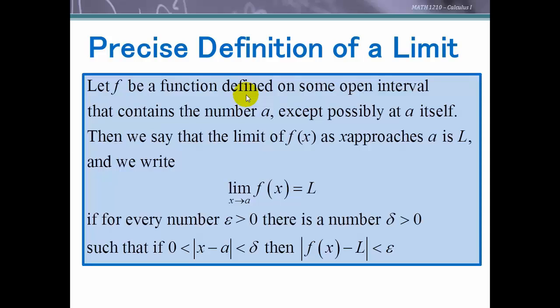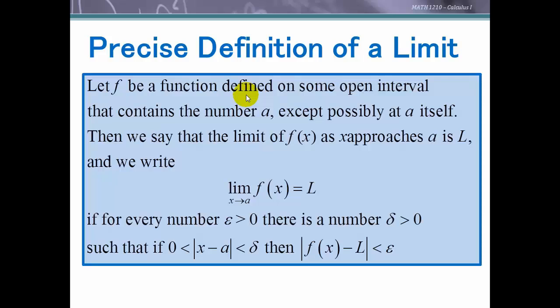Then we say that the limit of f of x as x approaches a is L, and we write it like our notation here, if for every epsilon greater than 0 there exists a number delta greater than 0 such that if the distance from x to a, so the absolute value of x minus a, is less than delta, and we said x can't equal a, so it's going to be greater than 0, then the distance from the function to the limit, what we're going to call the limit, must be less than epsilon. So this needs to be true for every epsilon greater than 0.